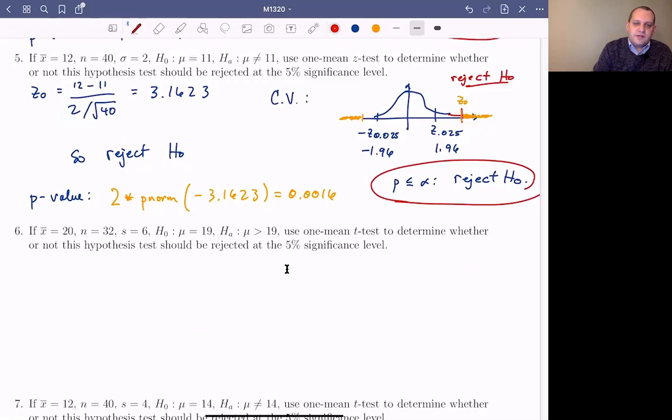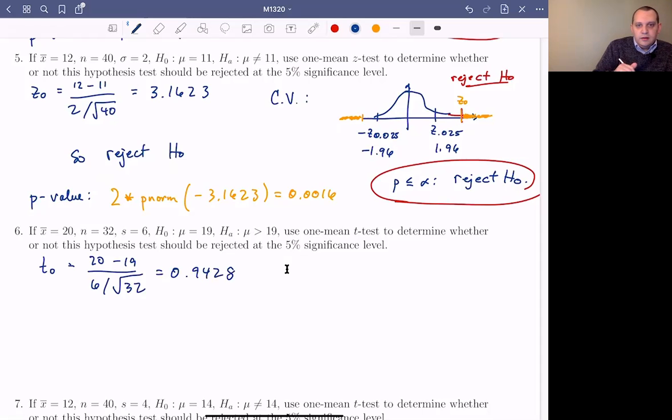For number 6, we're going to look at the studentized value t naught, and that's going to be x bar minus mu naught, so 20 minus 19, over s divided by square root of n, where s is 6.